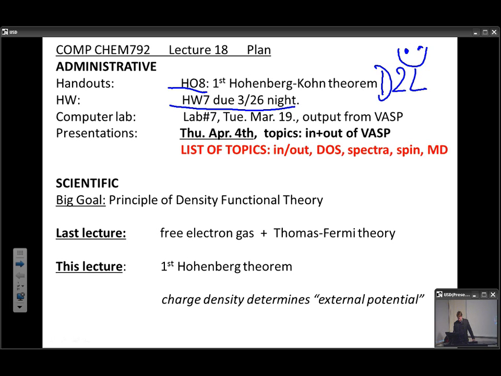So we are going to have a lab today at 6 p.m., and it will be a continuation of our previous lab. When we met a week ago, we learned how to prepare input files for new software, for VASP software, and today we will practice how to extract some basic forms of output.